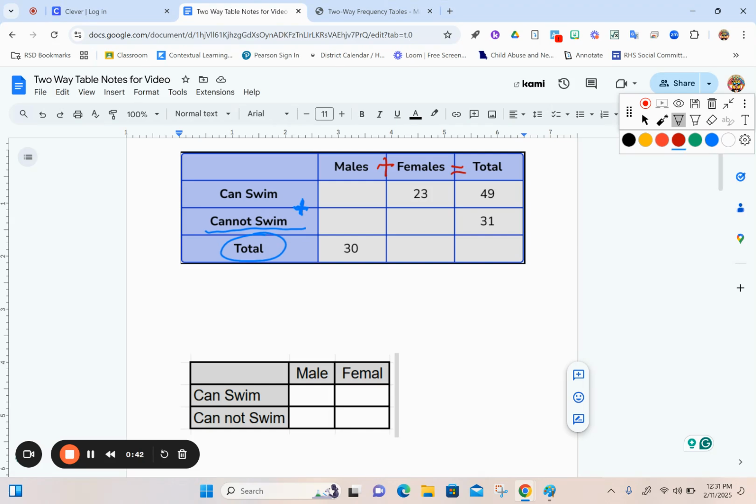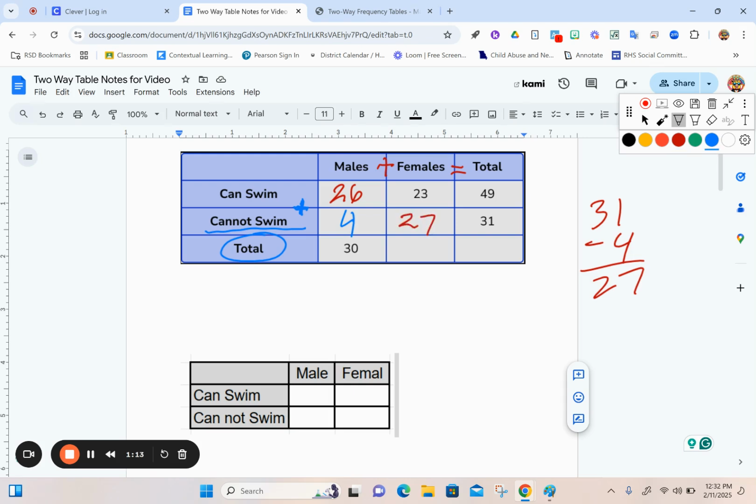So if I look across, what plus 23 will give me 49? 26. So then if I look down, what plus 26 will give me 34? So if I look across, something plus 4 will give me 31. What plus 4 will give me 31? You can do 31 minus 4 if you want to, and you get 27.